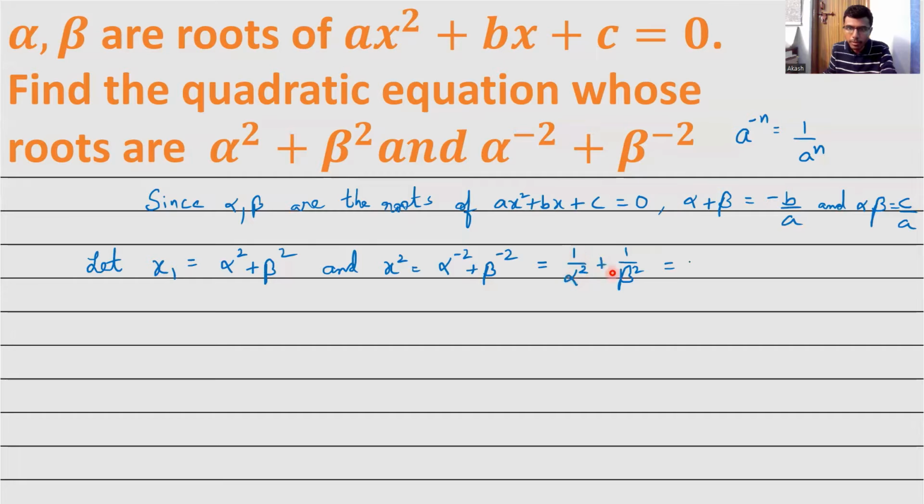So if I multiply and divide by beta square, I would get beta square by alpha square beta square, plus here alpha square is not there. So if I multiply and divide by alpha square, I would get alpha square by alpha square beta square. Now since the denominators are equal, I can perform the operation on the numerator. I get alpha square plus beta square by alpha square beta square.